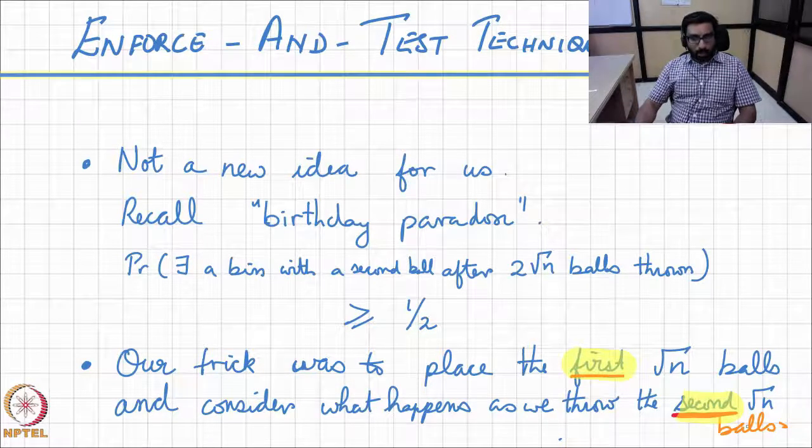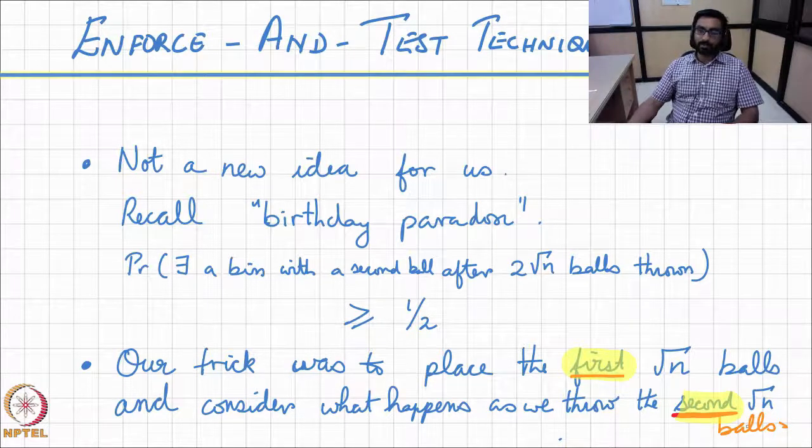And in order to prove this, there are several other ways to do it, but there was one very intuitive way in which we approached the analysis of this setting. What we did was we first threw square root of n balls, and we just assumed there was no pairing of balls, no bin with more than one ball in it. Well, if it did end up having a second ball, then the theorem is only strengthened.